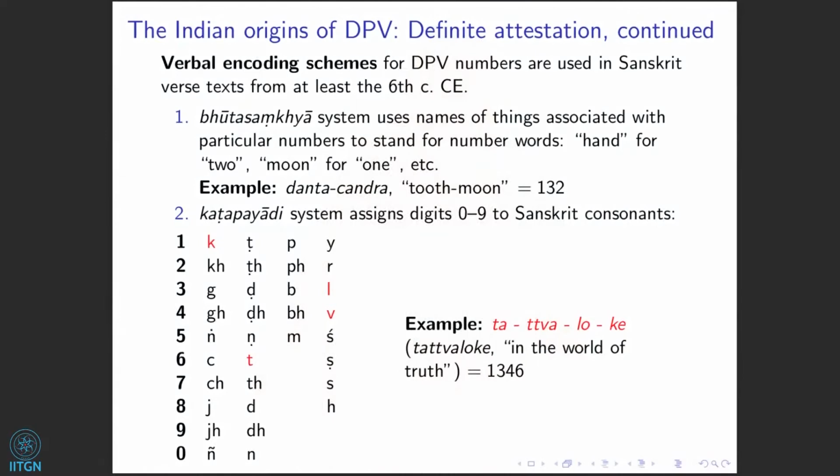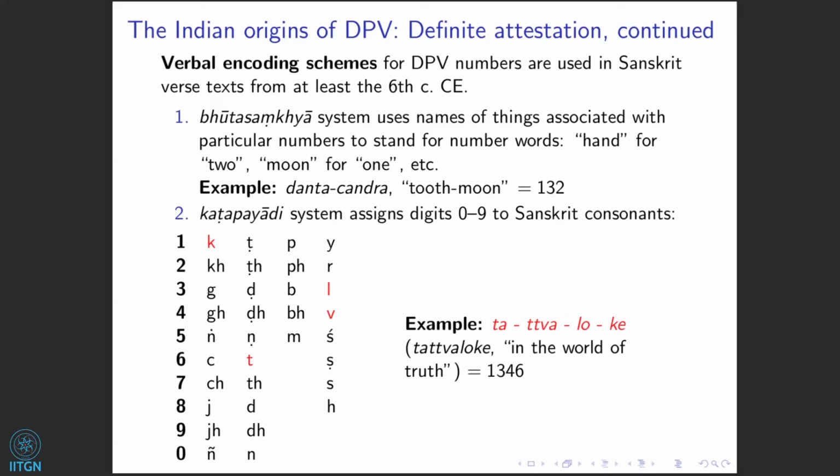So in addition to the bhütasamkhya system, there's an even more flexibly encoded version, the so-called Katapayadi system, which we see originating and almost exclusively used in South Indian texts. And this is a quite elegant technique, a one-to-one, or not one-to-many mapping, that assigns the numerical values of the digits from 0 to 9 to different Sanskrit consonants.